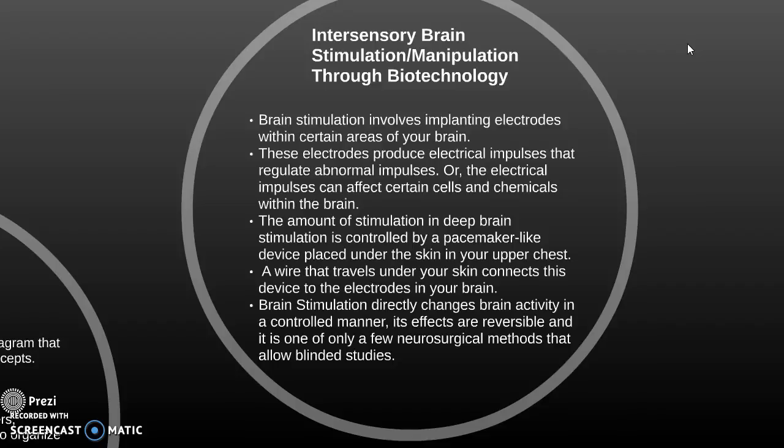A wire that travels under your skin connects this device to the electrode in your brain. Brain stimulation directly changes brain activity in a controlled manner. Its effects are reversible, and it is one of only a few neurosurgical methods that allow blinded studies.